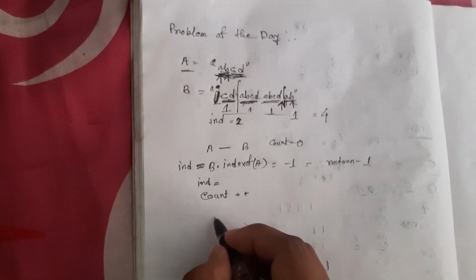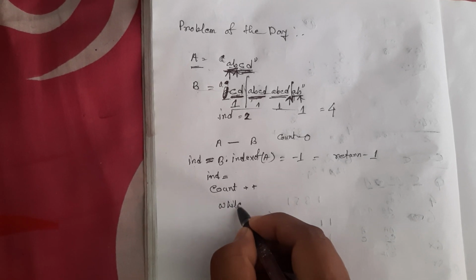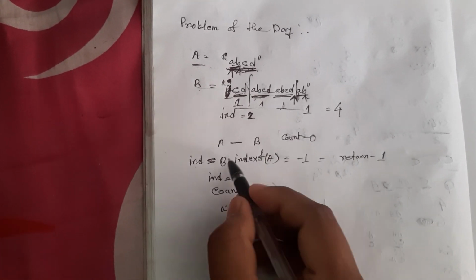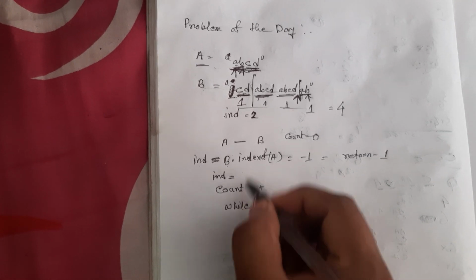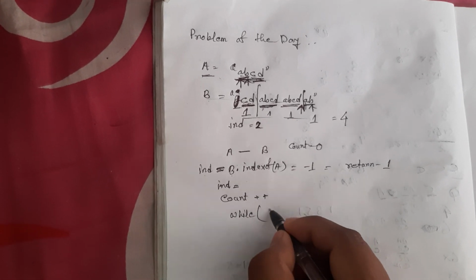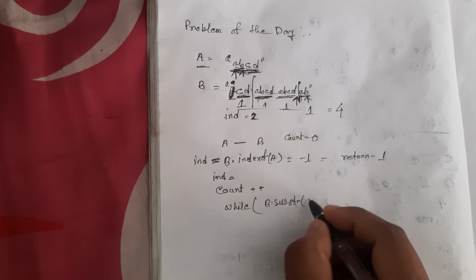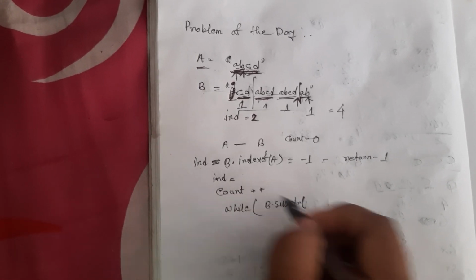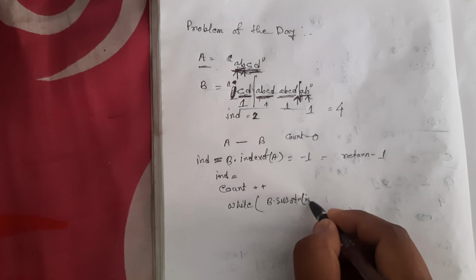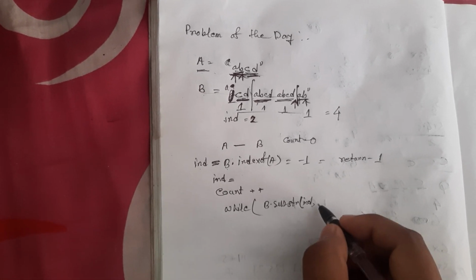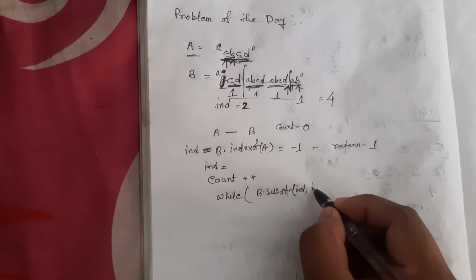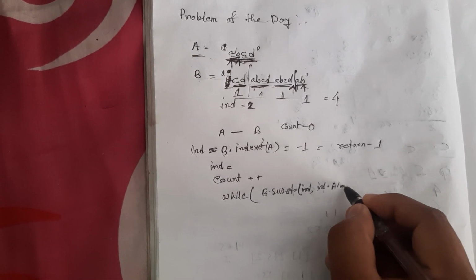Then we need a while loop. We will check b dot substring, where the starting point is index and the end point is index plus the length of a, so a dot length.